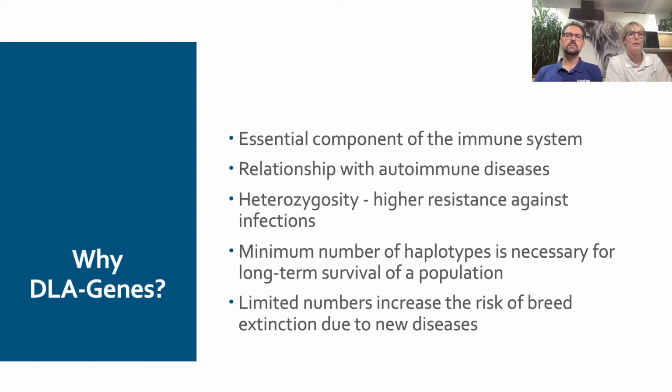Of course, it's clear, because if you have a high diversity, you have the possibility to act against different bacteria, viruses, whatever. And the other way around, the limited number increases the risk of breed extinction due to new diseases.